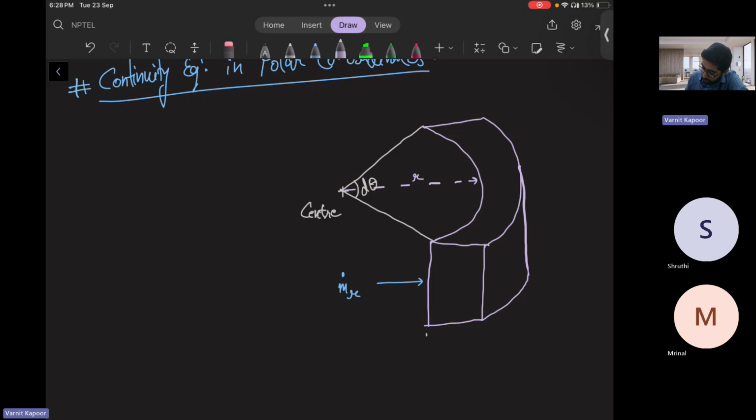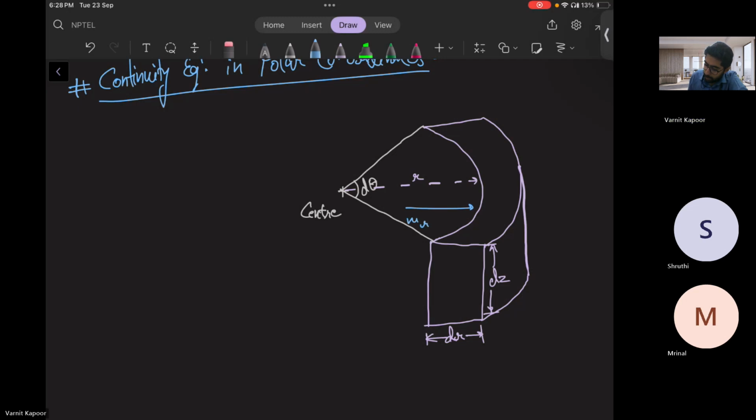This fluid element has this much dr, and this is dz. So mass entered in the radial direction, m r dot, and exited. I should not draw this here; actually, I should draw somewhat like this.